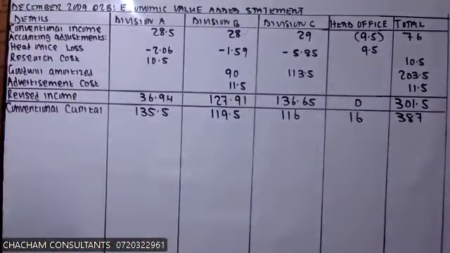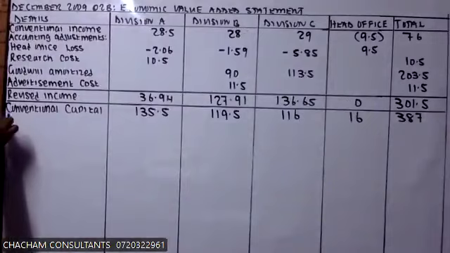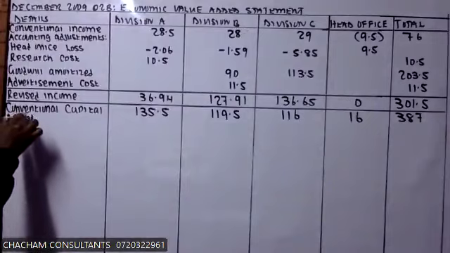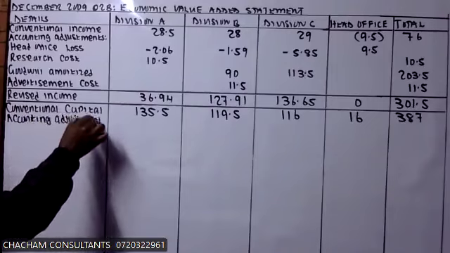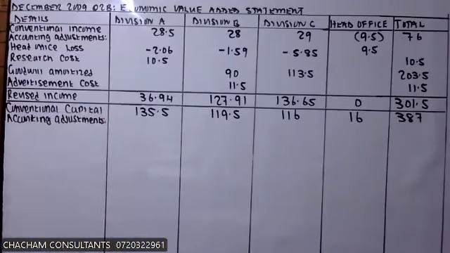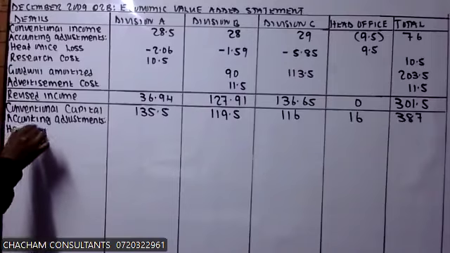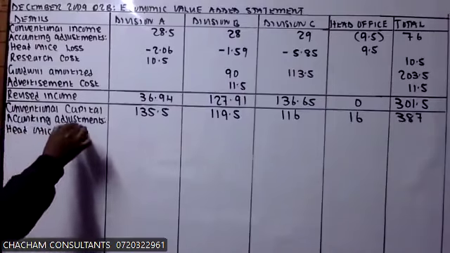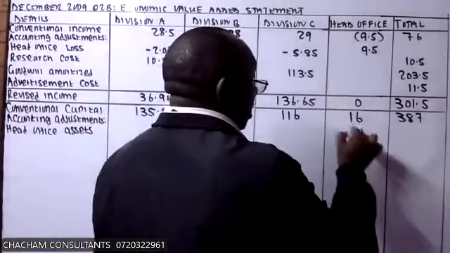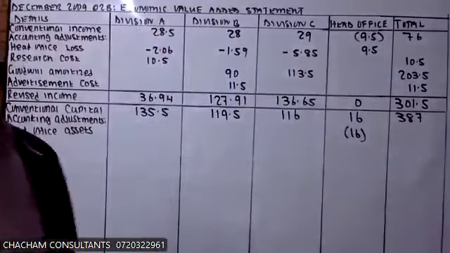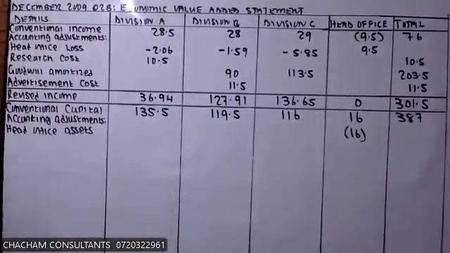So you now bring the accounting adjustments. The accounting adjustments, as I told you, the first one is the head office. Here, the head office has some assets. So this 16, we subtract it. And the question has already informed us that we are sharing equally.